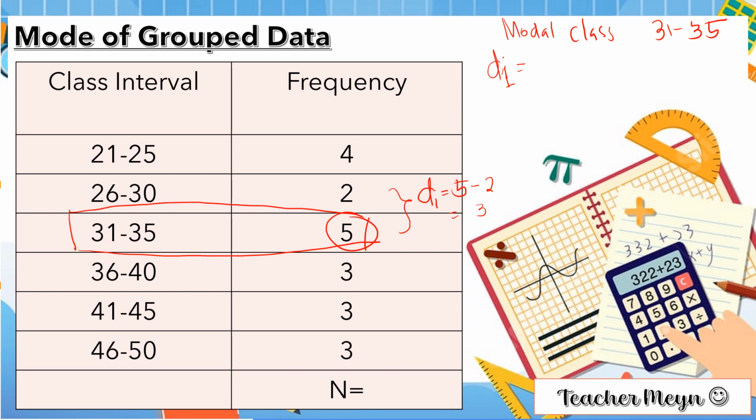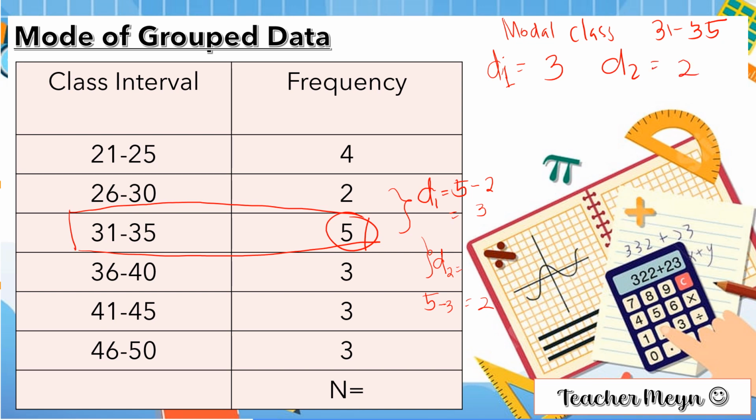D sub 1 is 3. Next, to compute D sub 2, we take the frequency of the modal class, 5, and subtract 3, the frequency below it. So 5 minus 3, the answer is 2. D sub 2 is 2.